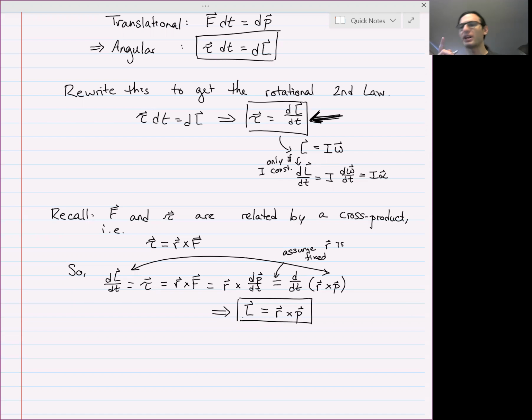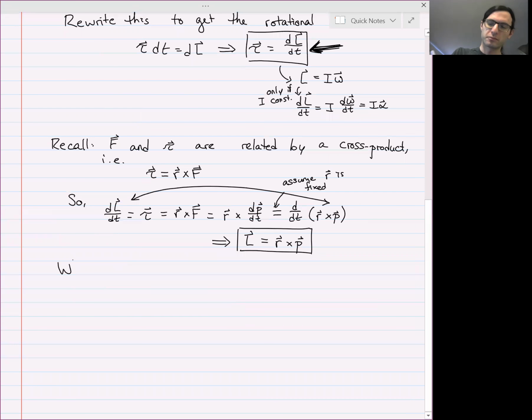Now the question is, what is the vector r referring to? So the r, when we talked about torque, that was the distance from the axis of rotation. That was the displacement vector from the axis of rotation to where the force is applied.